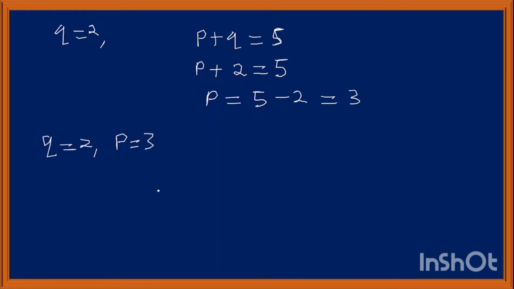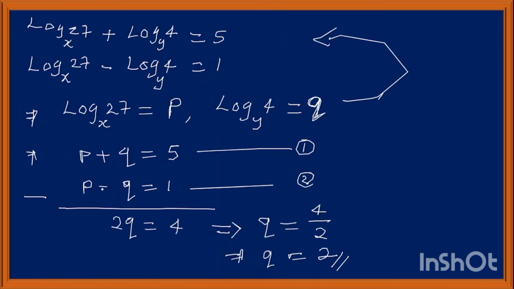So we have been able to establish that q is equal to 2 and p is equal to 3. But recall what we stated initially. Initially, we stated that log of 27 base x is equal to p and log of y base 4 is equal to q.